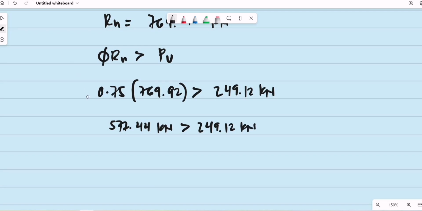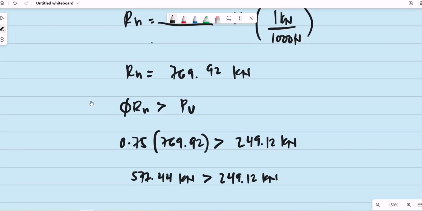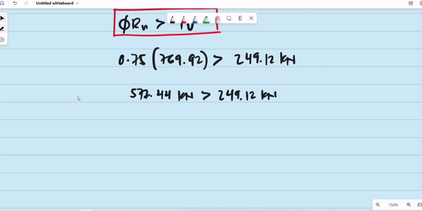So we satisfied the condition that the capacity is greater than the ultimate value of the concentrated load. We can now conclude that the W21 by 44 is adequate.